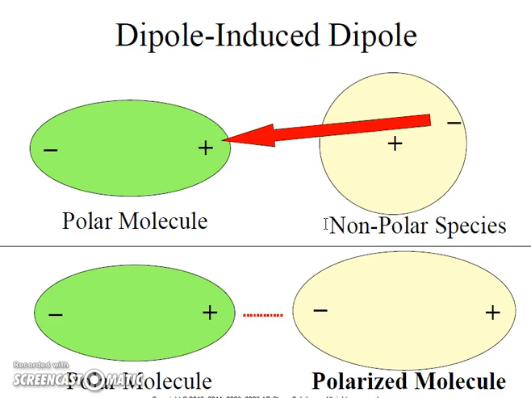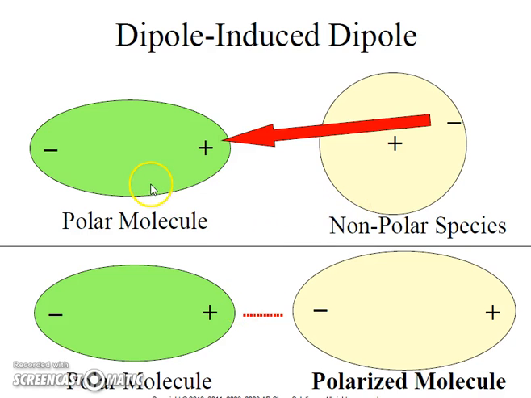Alright, so we're on the fifth one. Dipole-induced dipole. If something's induced, it's made to happen. So like, if you induce labor, you force the woman to go into labor. So an induced dipole is something that is forced to become polar simply by being close to something that's already polar.